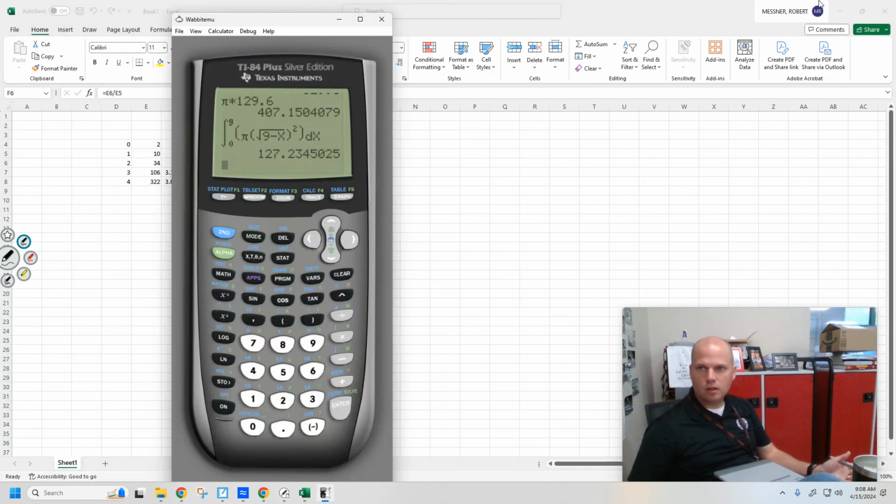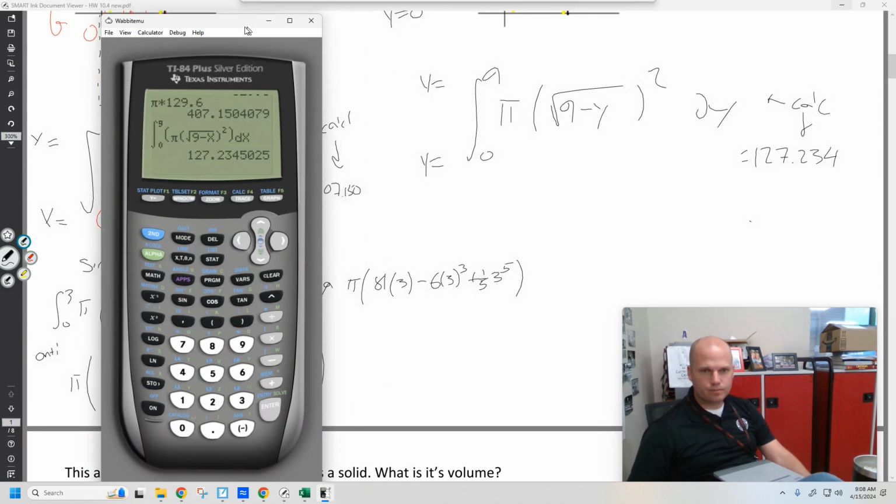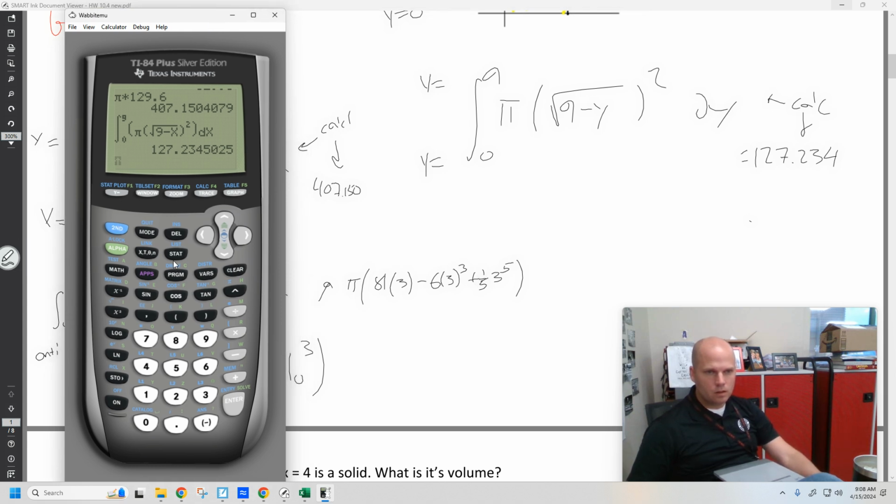That's fine. I'm going to be able to check. 81 times 3 minus 6 times 3 cubed plus 1/5, 3 to the 5th. That should work out. 129.6 times pi is just what I got earlier.